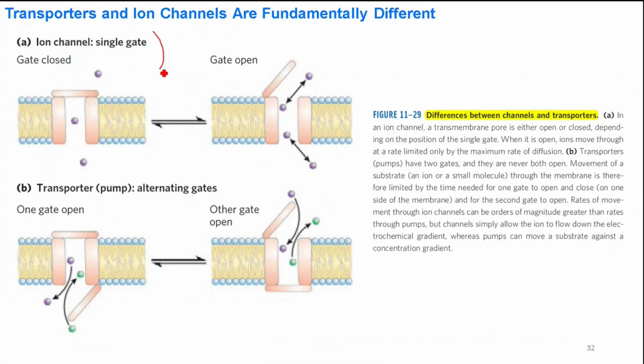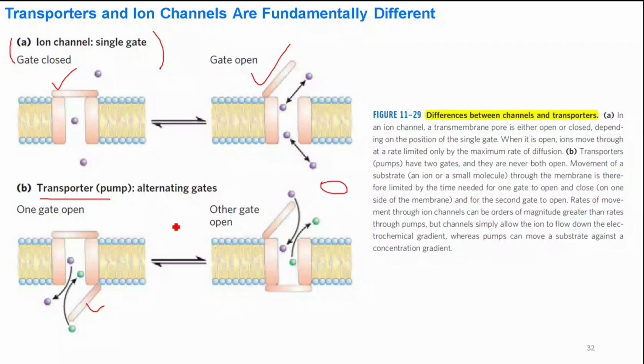So there are two types. You can see ion channels. Ion channels usually have one gate. Sometimes it is open and molecules pass through it, and sometimes it is closed and molecules do not pass through it. But the transporter, for simplicity, is described as having two gates. One gate opens and the molecules enter, then the other gate opens, and then the molecules actually get inside.